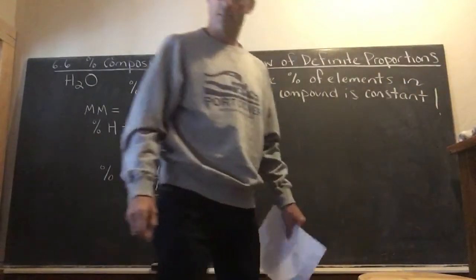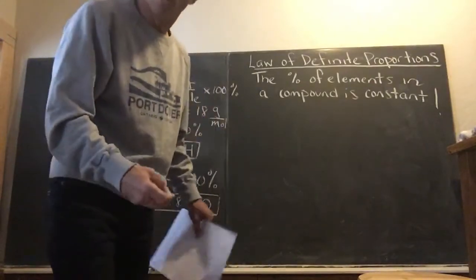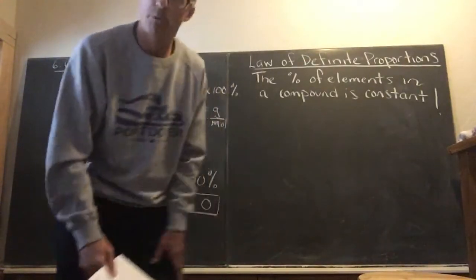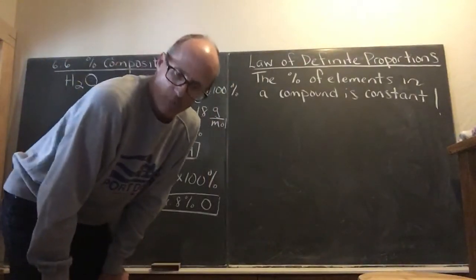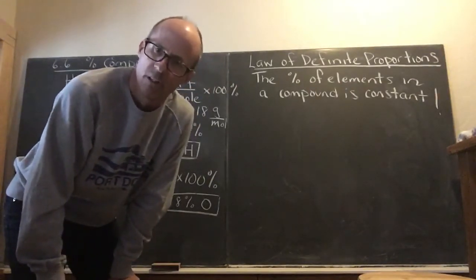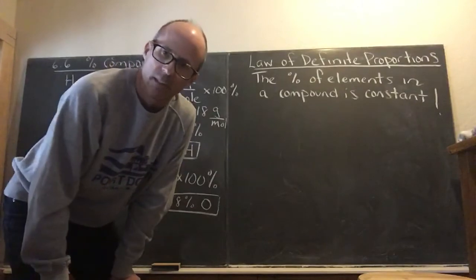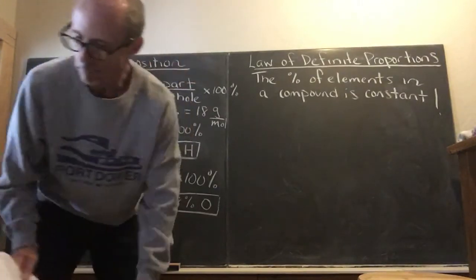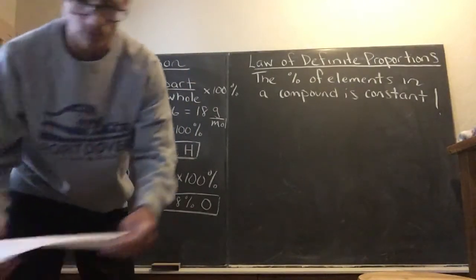That's really all it is. It doesn't matter where we get the water from. Assuming it's pure water, the percentage of hydrogen would always be 11.2 and the percentage of oxygen would always be 88.8. All right, let's take a look at one more example.